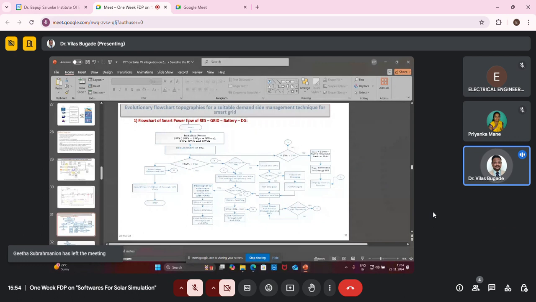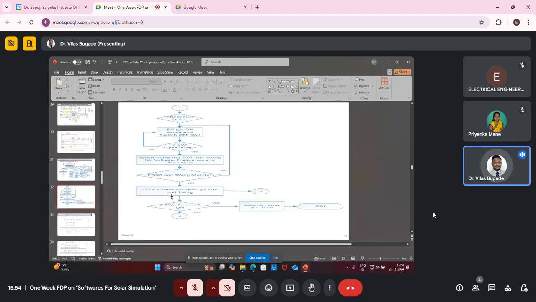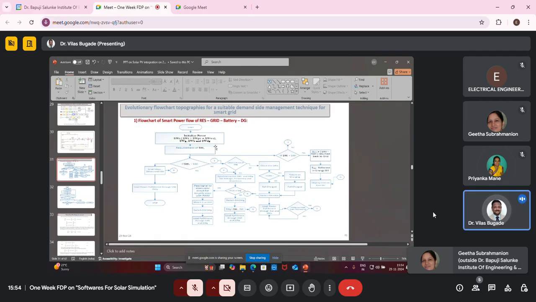If all else fails and nothing else is available, then the diesel generator will come into the picture and give the electricity. So the priority is renewable energy, then battery, then grid, and then diesel generator. Likewise, there will be two kinds of operation in the case of electricity.